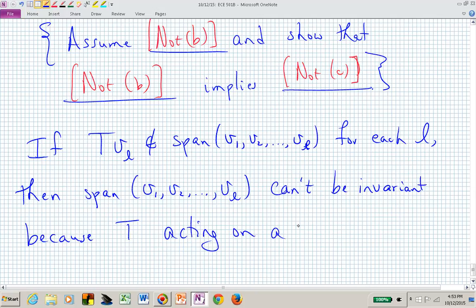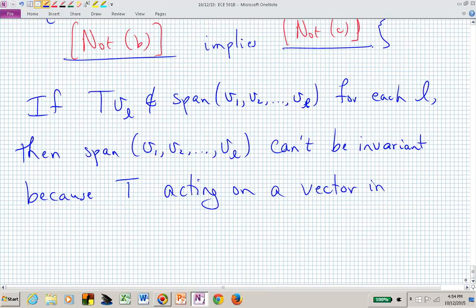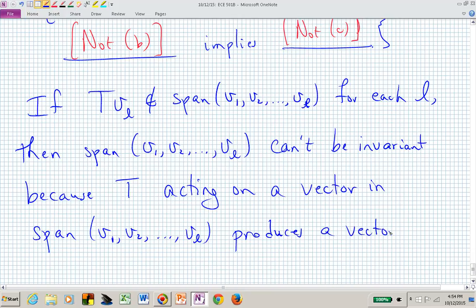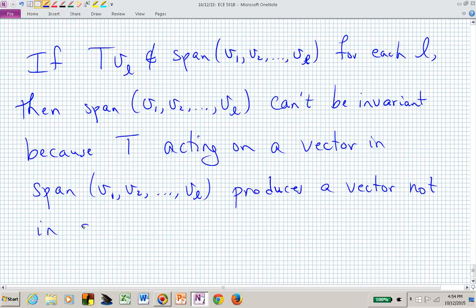acting on a vector in that set of spanning vectors, V1 through V sub L, actually produces a vector that's not in the span of those L vectors.